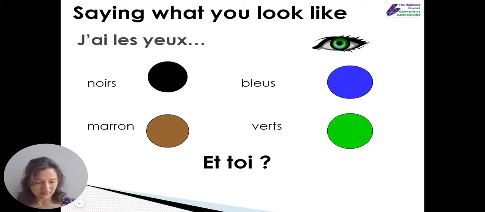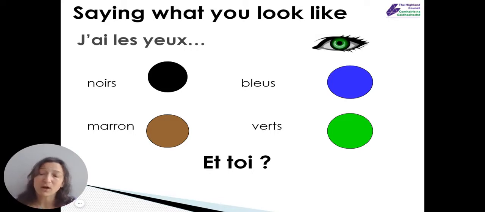For instance, here we go, let's use this one. Tu es comment? J'ai les yeux noirs ou verts? Noir ou vert? Noir. Très bien. J'ai les yeux noirs. Now, the children might not give the whole answer. They might just say one word, and you can repeat back with the full answer. And there's another way of differentiation.